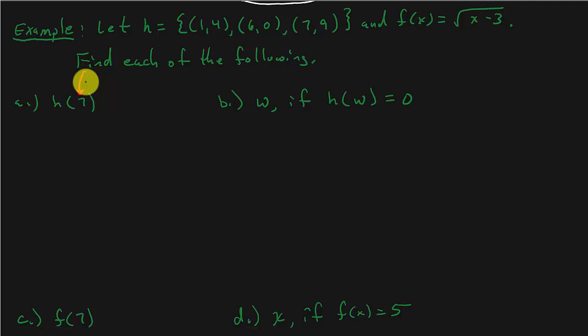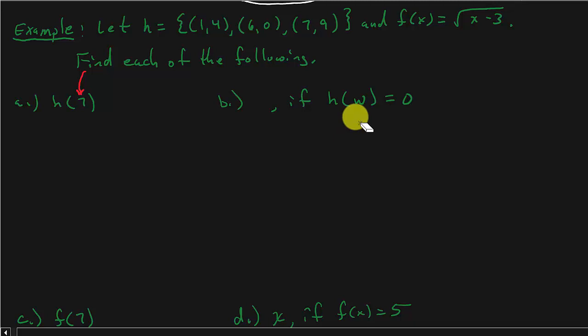So what they're saying is, when the x value is 7, what is the y value? I'm sorry, I said x value, but evidently they're using w, and that might be confusing. So let me change this problem up and put x here and x here so it doesn't confuse you. This can be anything; the w is just acting like your x value.